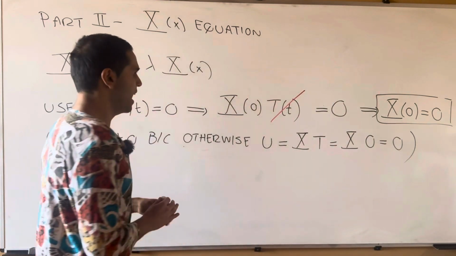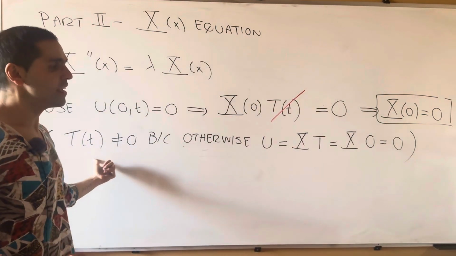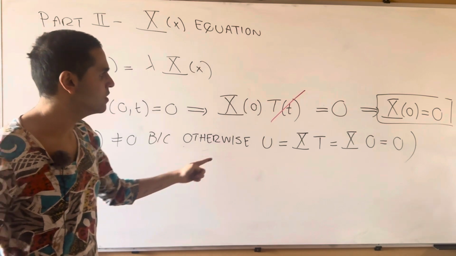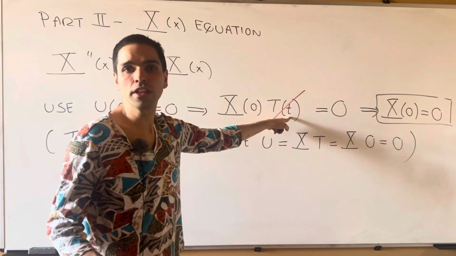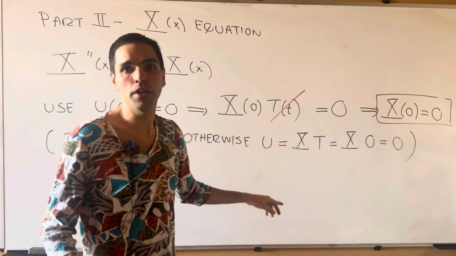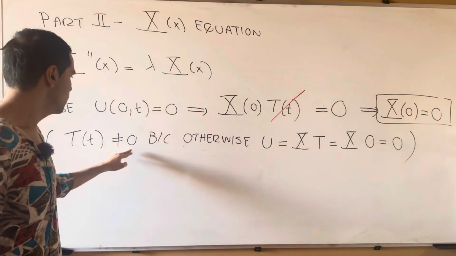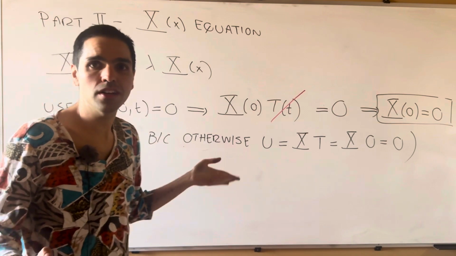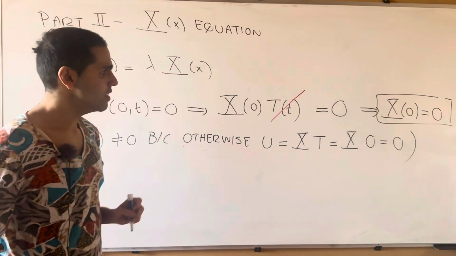Just a little technical detail. Technically, what you do here is you find a point where t is non-zero and cancel out t at that point. So it could be 0 at some points, but not 0 at other points. Very good.